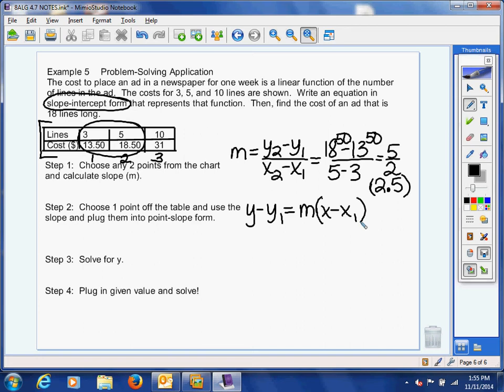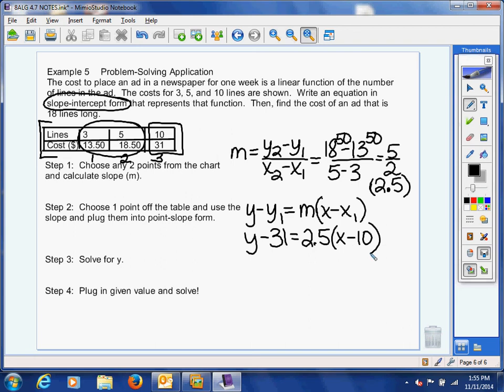So I just want to make sure that I emphasize that and re-emphasize that. So I think I'm going to use the last one because it's just whole numbers. So let's do y minus 31 is equal to 2.5 times x minus 10. Okay, we did it. We've got it in point slope form.